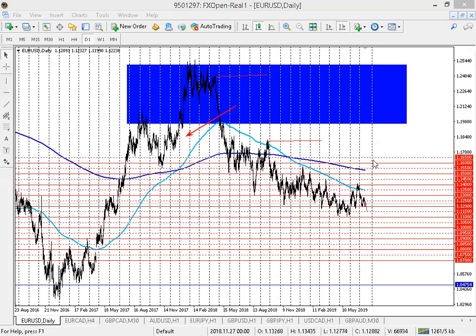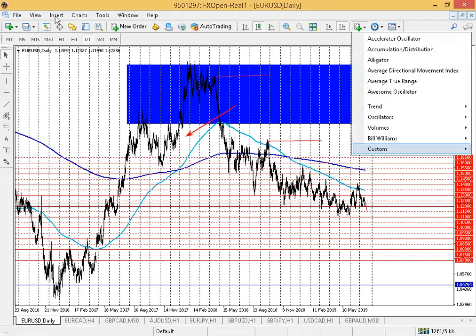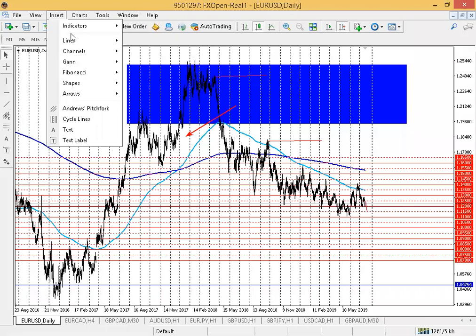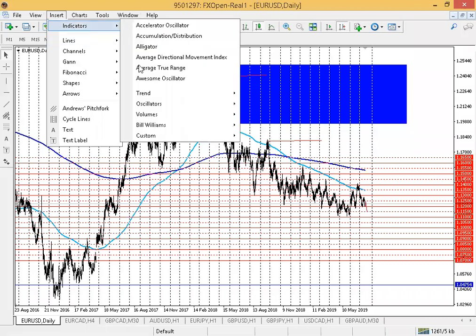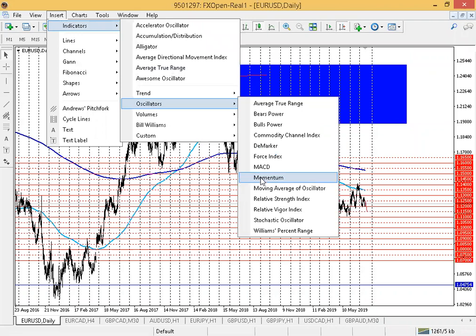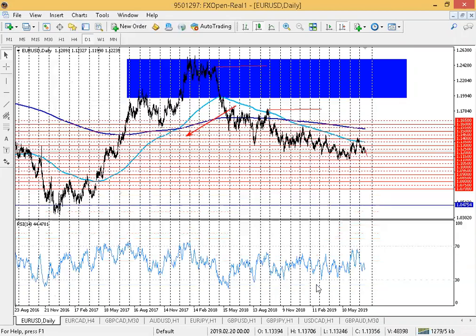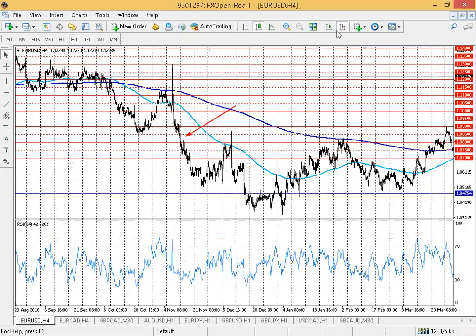Now, one of the most common mistakes we could potentially be making is reacting to getting an idea where the overall trend is by looking at oscillators.